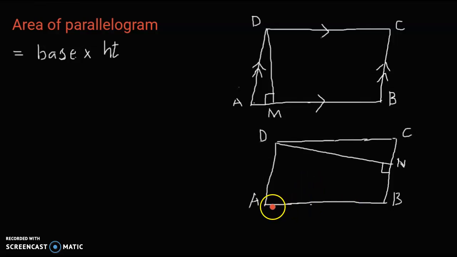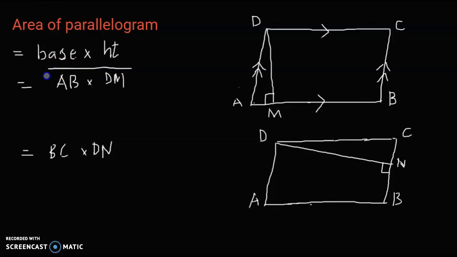You can take any base. You can take AB as the base, AD as the base, DC as the base, and BC as the base. And the area will always remain the same. So that is the formula for area of a parallelogram. Here the base is AB multiplied by the height DM, and here the base is BC and the height is DN.